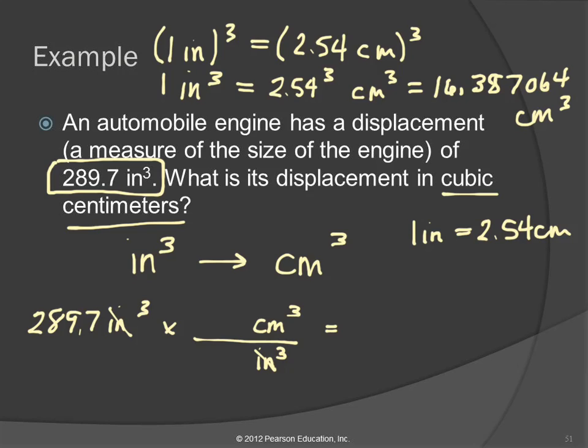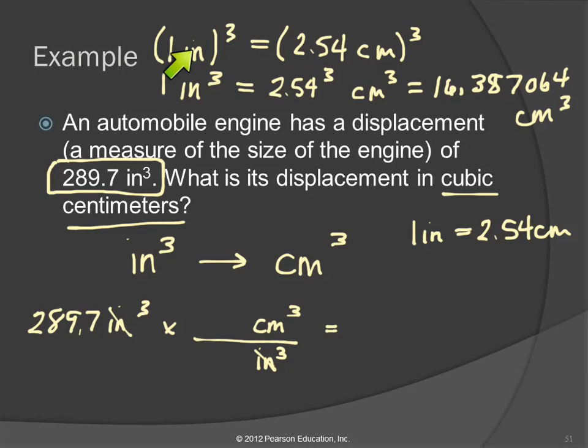Do I have to write down all those digits? No. If you're writing down an intermediate value like this, though, I would recommend that you keep at least 2 significant figures more than you're going to need. Look at this number that we're starting with. How many sig figs does it have? It's got 4.